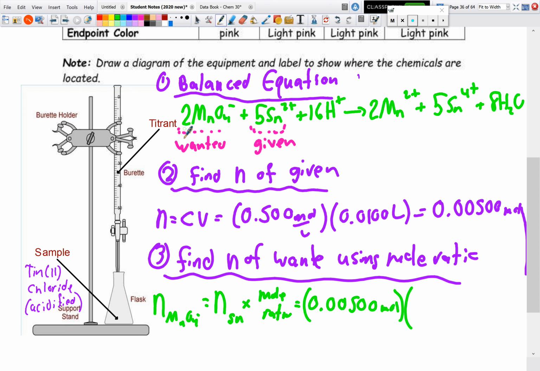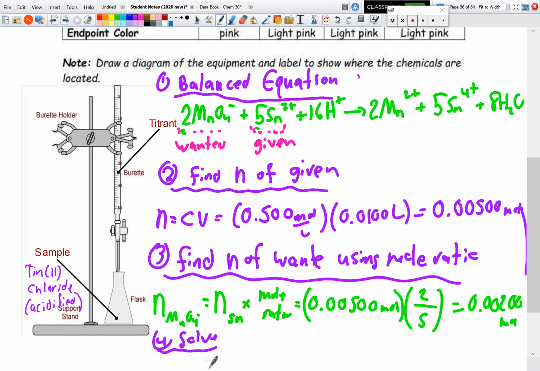And our mole ratio is wanted, so 2 over given 5. And then we are left with, in this case right here, 0.00200 moles.